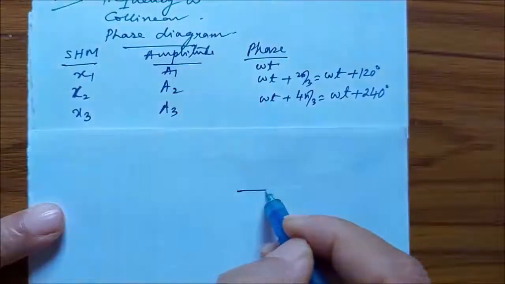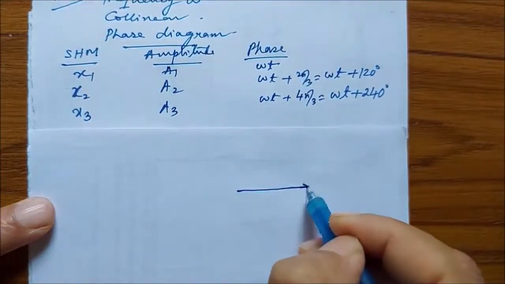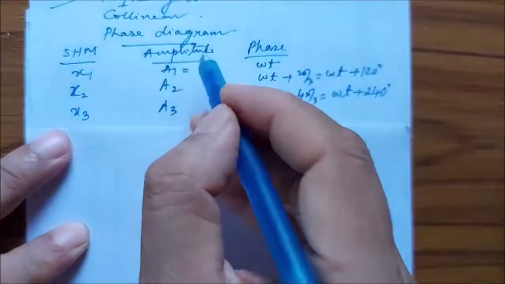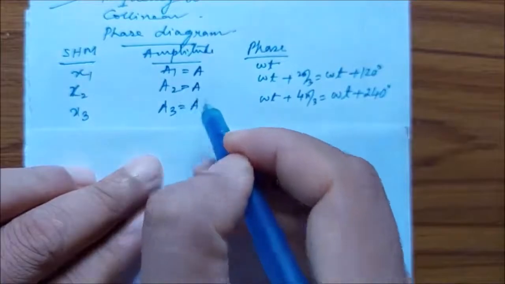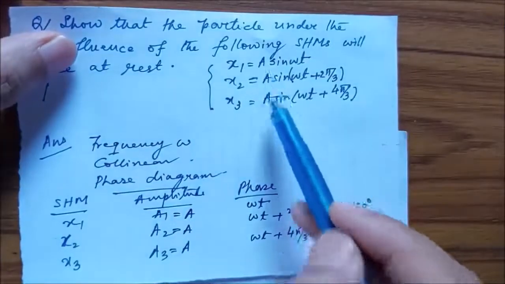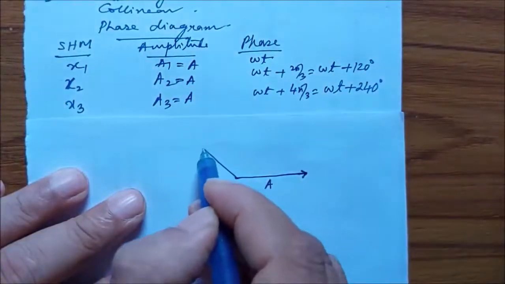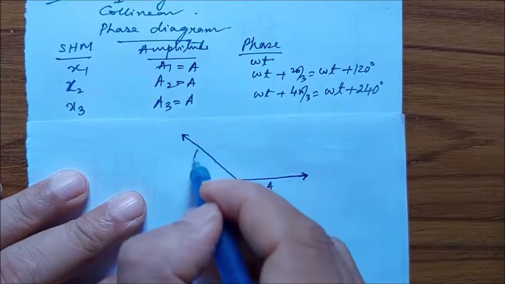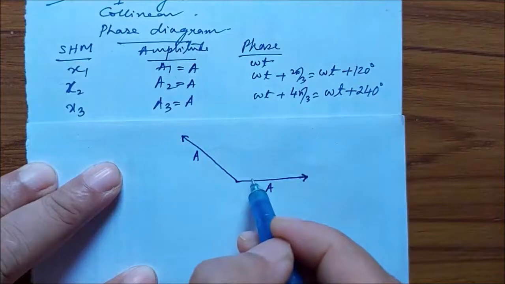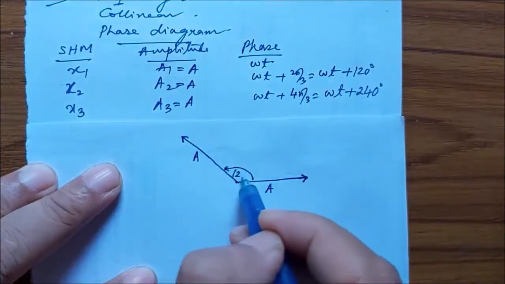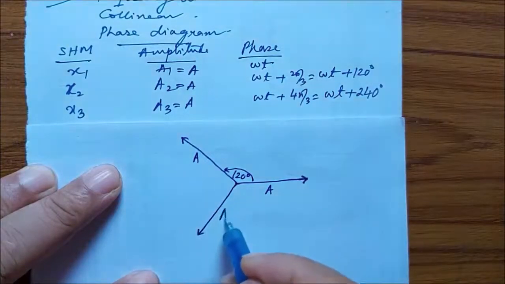So let us make a plot. This is omega t line, and this is say a, because a1 is a, a2 is also a, a3 is also a. All are given to be of same amplitude. Now at 120 degrees comes another a, which is the second SHM, and at 240 degrees comes the third one.